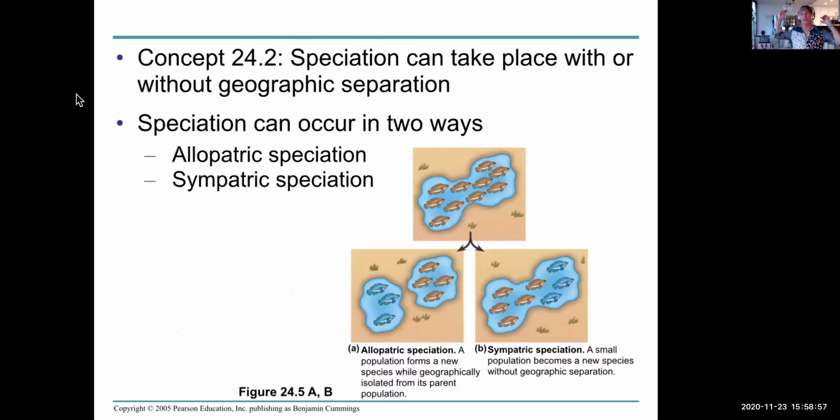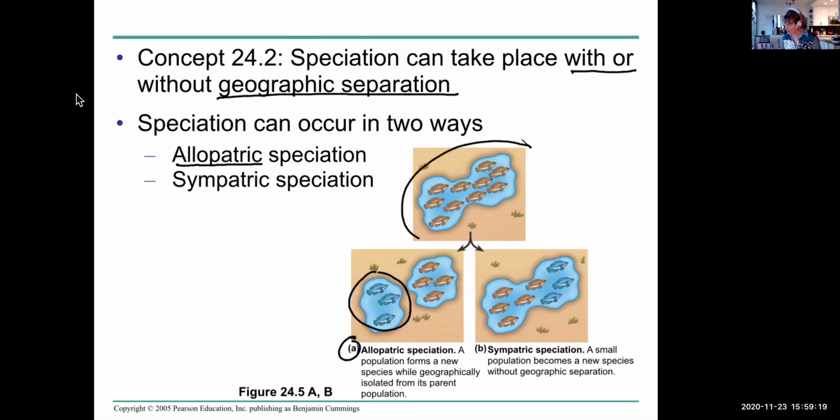So how can speciation occur? Well, it can occur with or without geographic separation. Allopatric means living apart. So sorry, let's go back. This is the original population.